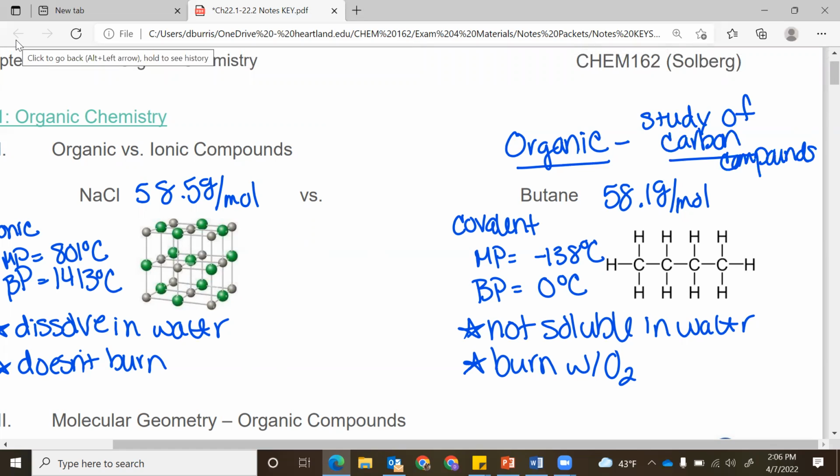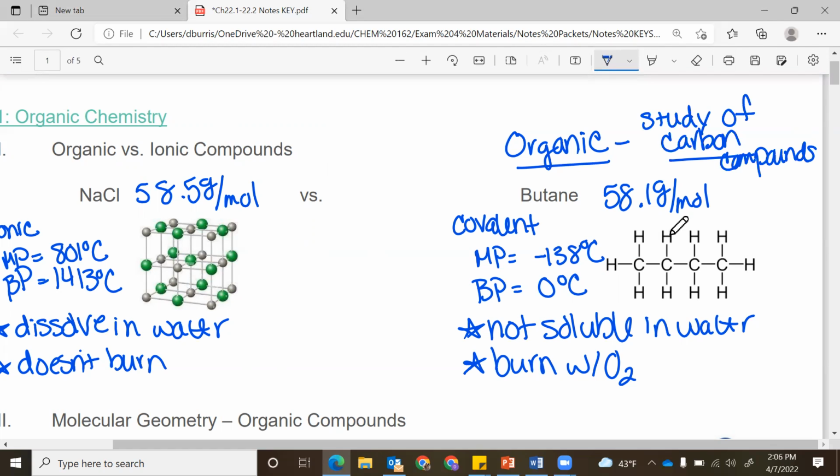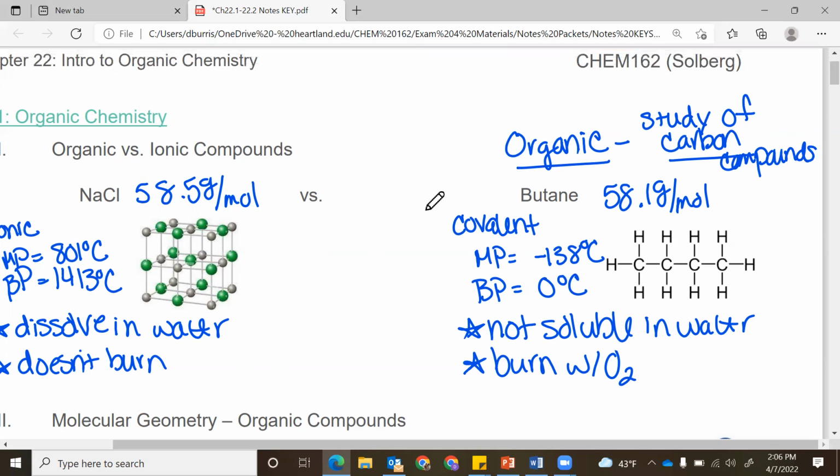There's so much carbon that it really only makes sense to study it in its own field of study, you could say. These molecules are really important. They do a lot of things in our everyday life, and we are going to talk about the differences and all of the things associated. So this is just a snippet. If you want to take the full course, that would be the one you would take after this class.